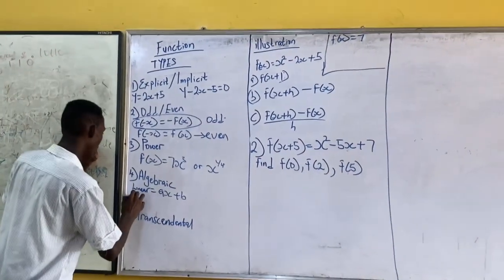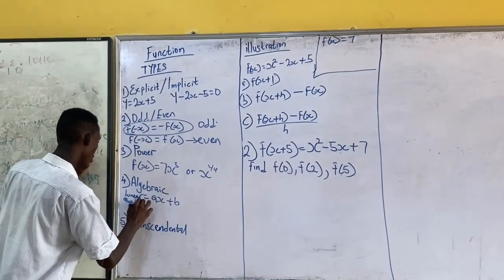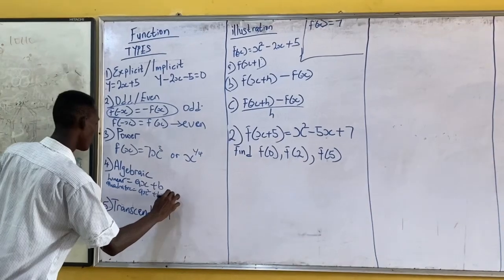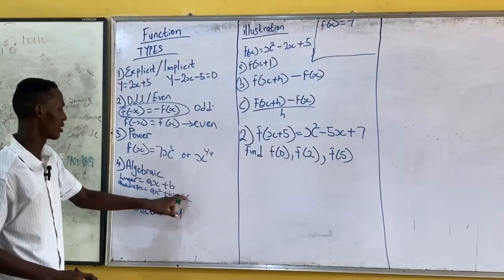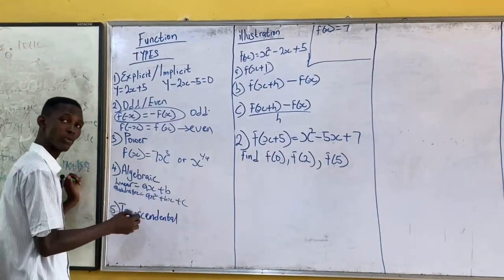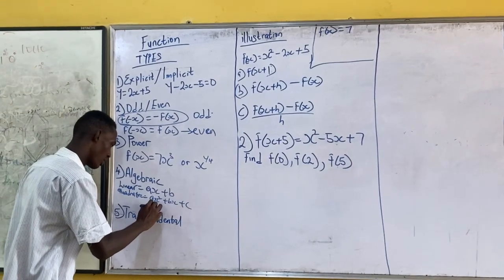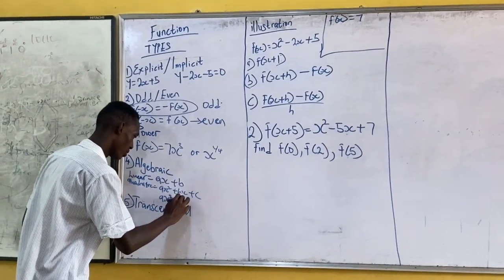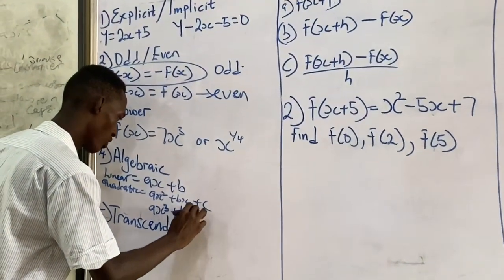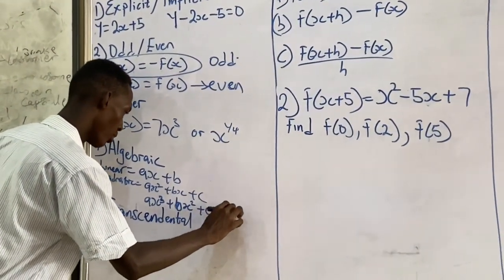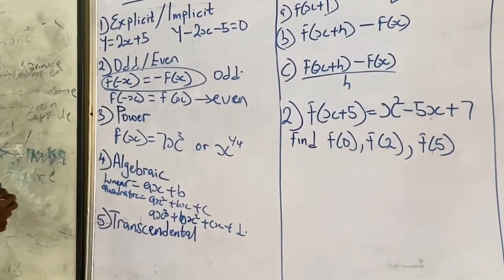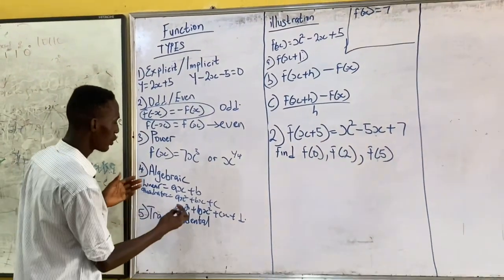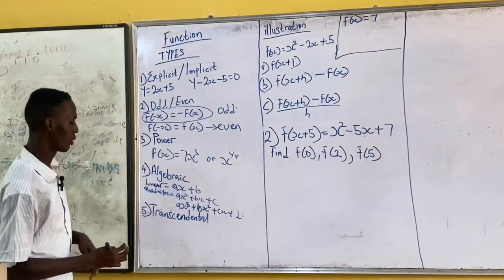Then for our quadratic, we have ax squared plus bx plus c. We have a constant. These are our constants here. Then for cubic, of course, we know it is ax to the power of what? Cube plus bx squared plus cx plus d, depending on how you want it. So it's not about you trying to cram everything, for you to understand. It keeps on going on and on like that.